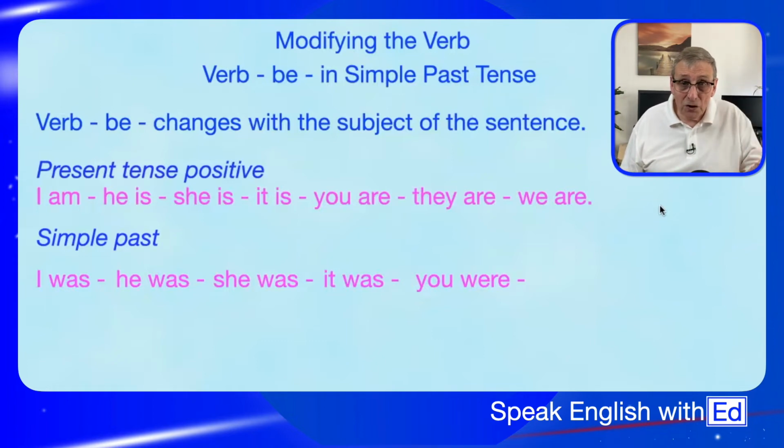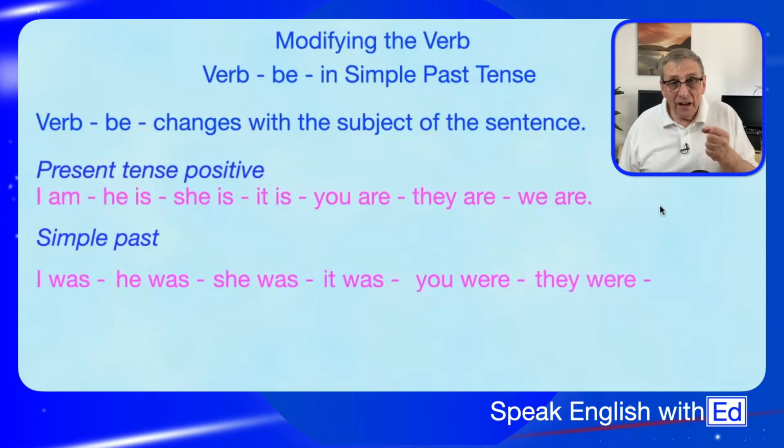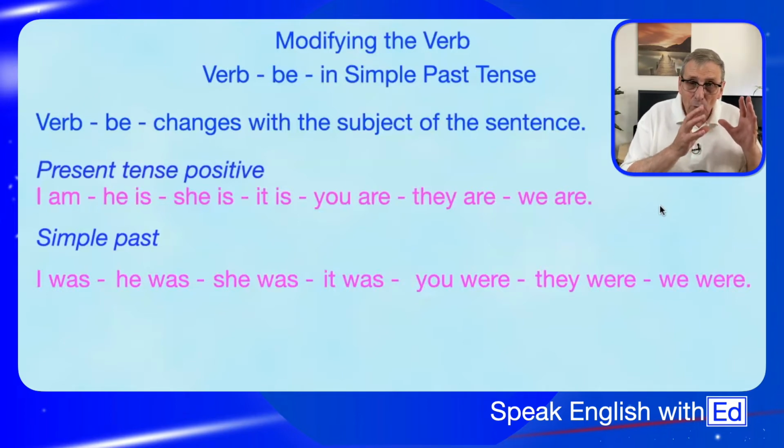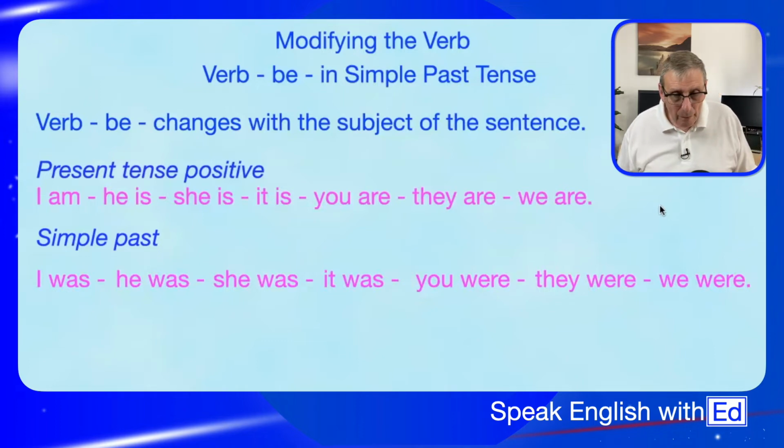So whether you're talking about you as just you, or you as a group of people, it's still were. You were, they were, and we were. So plurals use were, and singular ones use was. That's how the verb changes.